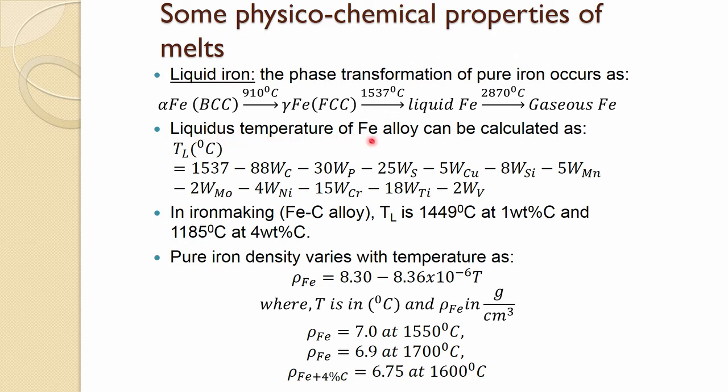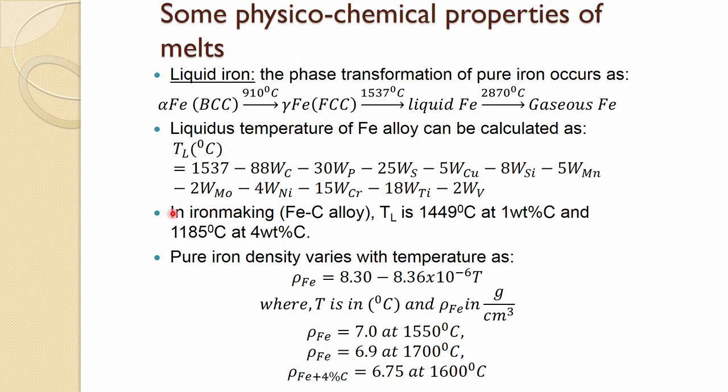So, the liquidus temperature of the iron alloy can be calculated as follows. 1537 is the actual melting point of iron, and if there are no impurities, that would be the liquidus temperature. However, if you have carbon, phosphorus, sulfur, copper, silicon, manganese, molybdenum, nickel, chromium, titanium or vanadium, all of these contribute in reducing the temperature.